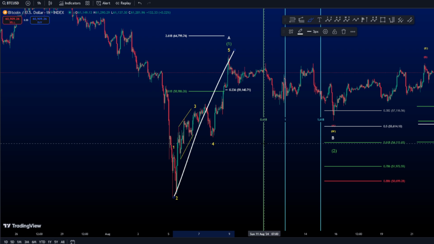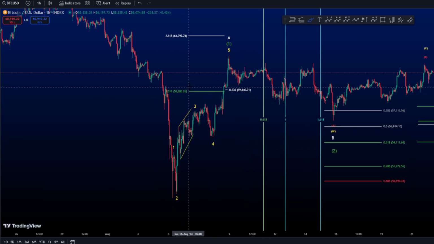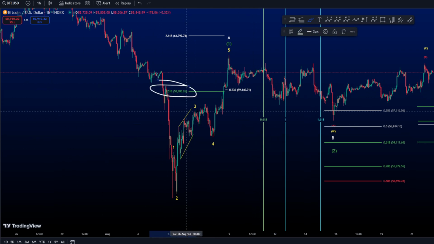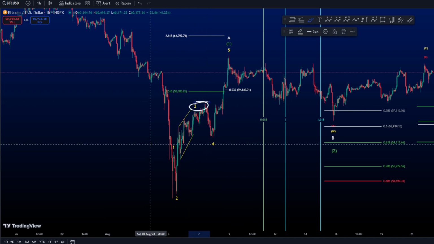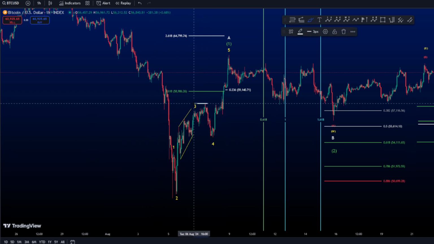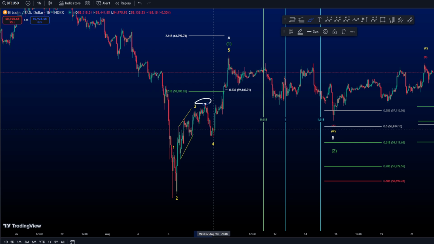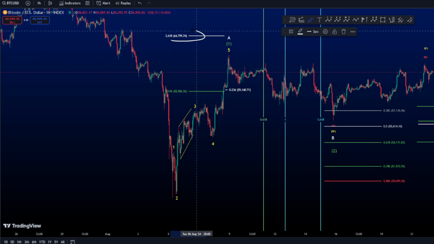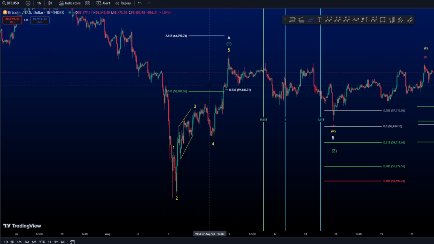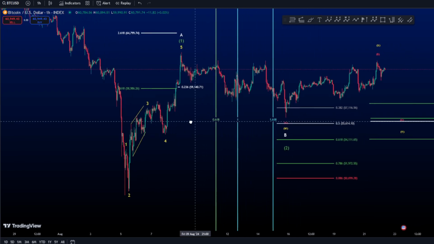Second thing is that the 1.618 has not been touched by the wave 3. Okay, which is a very low possibility as well, and the most common target for wave C is a 1.618. Even when finishing this impulse, we did not hit the 2.618, which also reduced the possibilities.